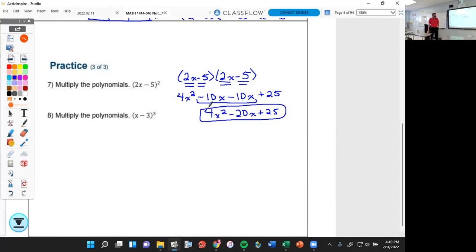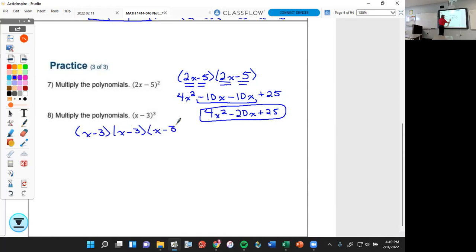And number 8, we have x minus 3 cubed. Well, folks, that means x minus 3 times x minus 3 times x minus 3. What we want to do here is just work it a part at a time. So let's work x minus 3 times x minus 3, and then we'll worry about the last x minus 3 in a moment.